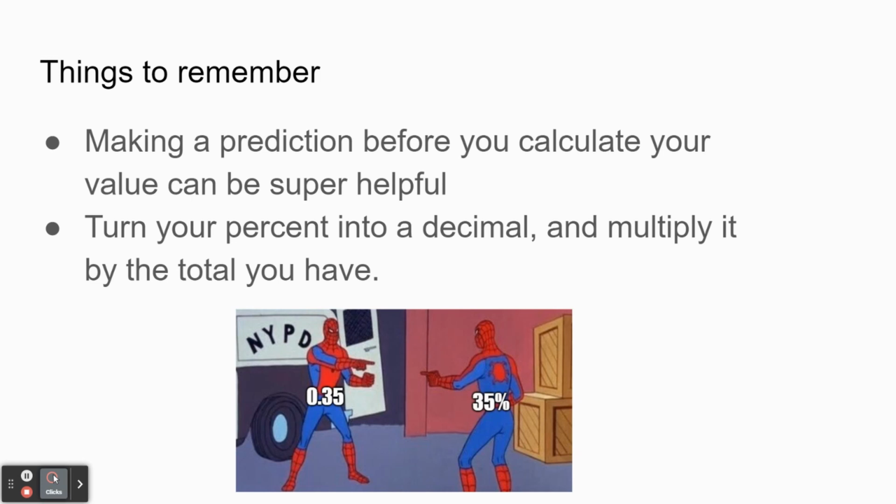But practicing making predictions like that can be super useful. As for actually calculating it, you're first going to turn your percent into a decimal. Remember, that was step 1. And then you're going to multiply that decimal by the total you have. That was step 2. To turn your percent into a decimal, all you have to do is divide by 100, as illustrated by our Spider-Mans down there.